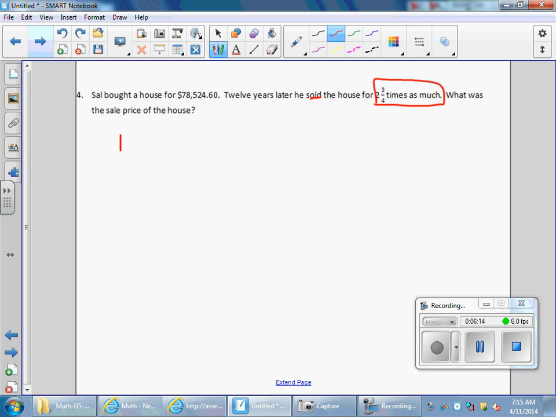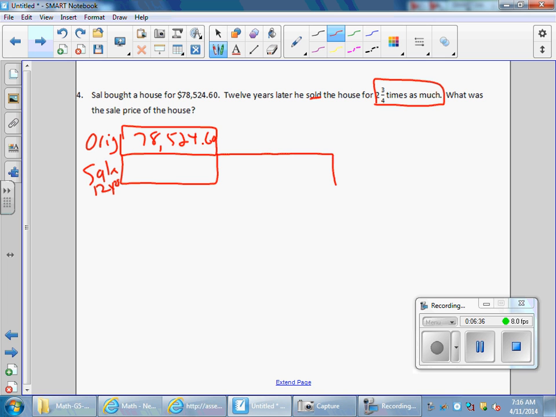Okay, so here's the house and what it was bought at. Just getting a picture of how this is going to work. Original. Sale. 12 years later. That would be 1, 2. That would be 3 times as much as the original sale.